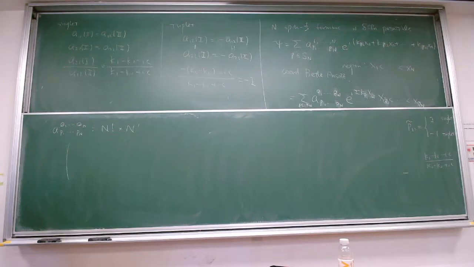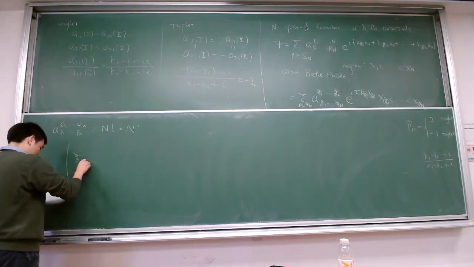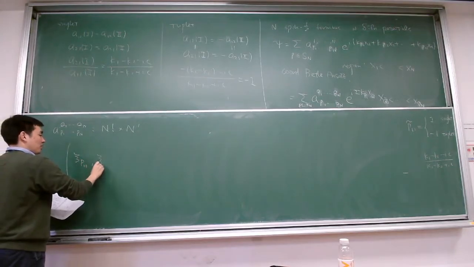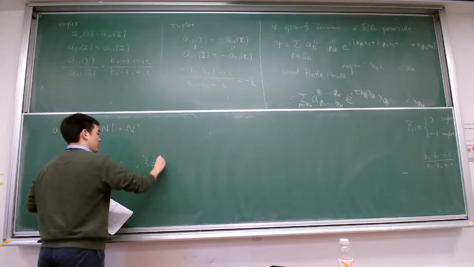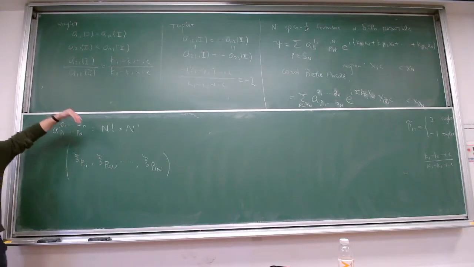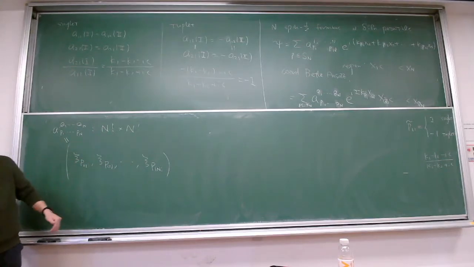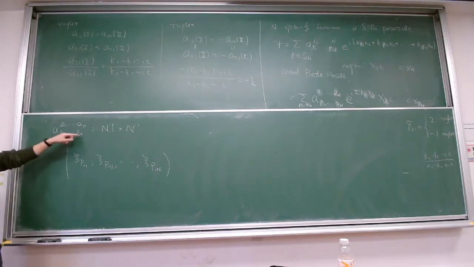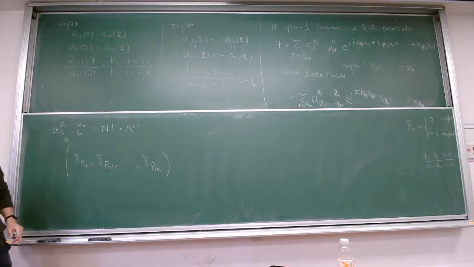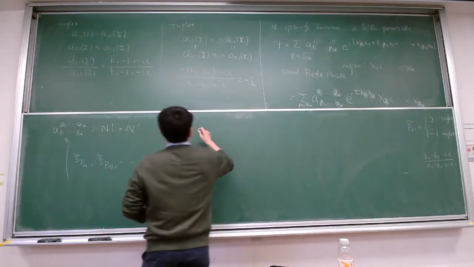Here you just have C_P1, C_P2, up to C_P n factorial. So you write this as a column vector, where P_i is a choice in this permutation group.